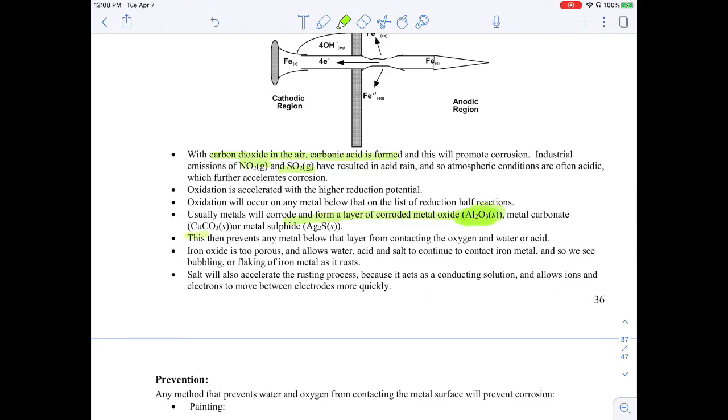Copper will create a metal carbonate, and silver makes silver sulfide. If you look at an old copper building, it looks green because it's got this copper 2 coating. And if you have a silver ring, the silver gets coated in silver sulfide, which is the tarnish, but it means that the metal underneath is sealed up and protected.